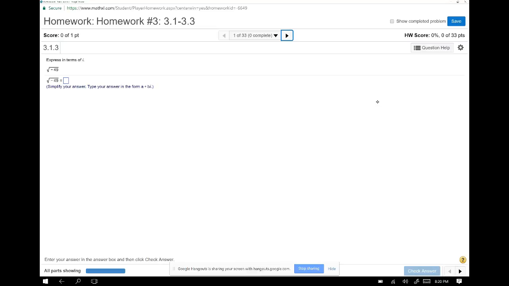The first group of problems has to do with calculations involving complex numbers.